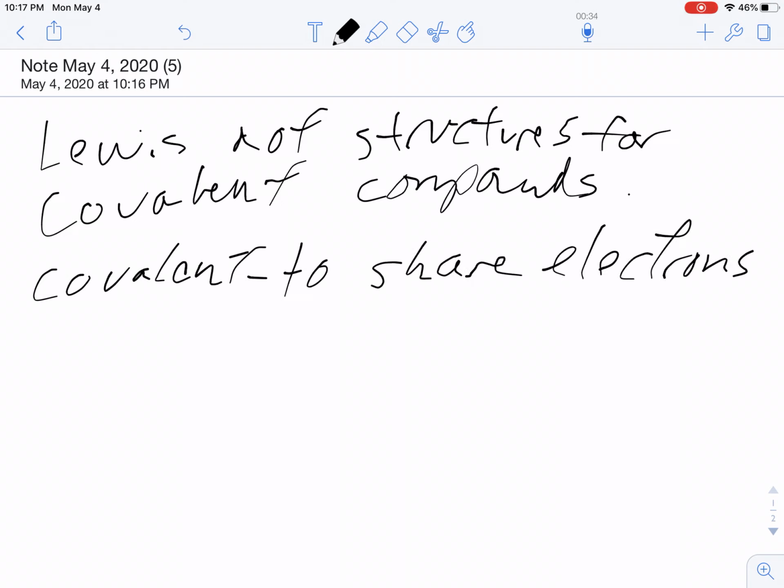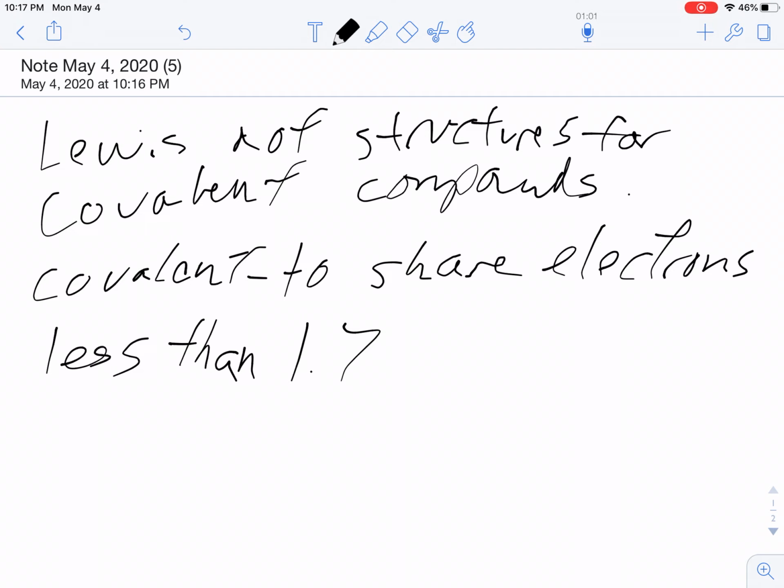And after you watch the first video, you'll see that if the electronegativity is greater than 1.7, you're ionic. If you are less than 1.7, then you are covalent and you are sharing.